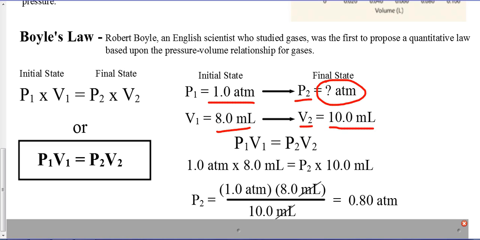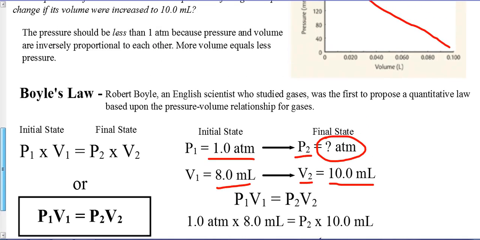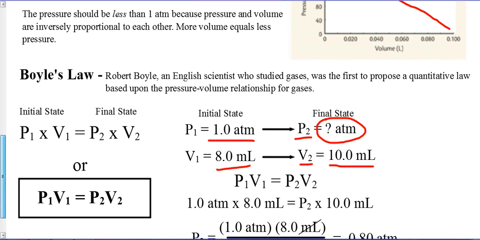So we take that 10 milliliters and divide it on both sides, and we get P2. And we get 0.8 atmospheres.